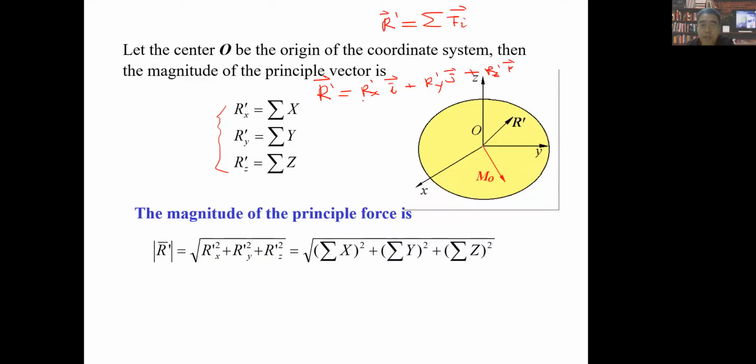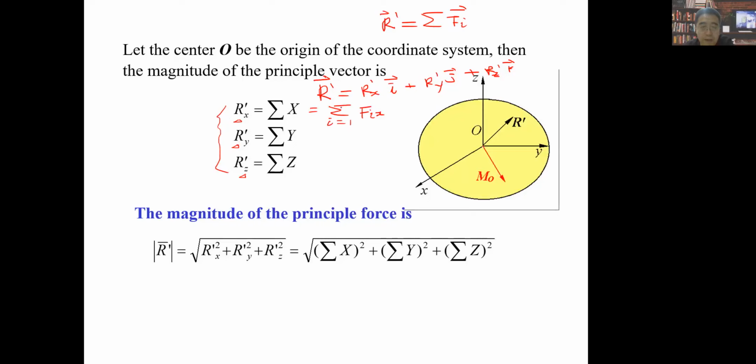So actually this means the principal vector will have three components: one is this, another is this, and another is this. So this sigma x, maybe you can write it like this, which you will understand more easily, right?